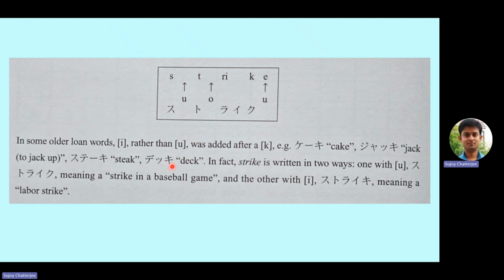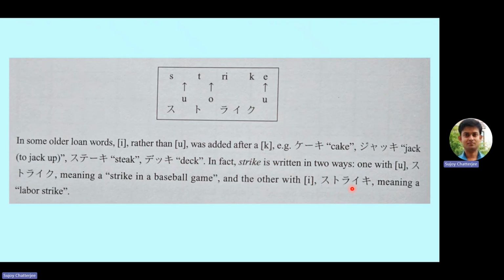In fact, strike is written in two ways. One with u, sutoraiku, meaning a strike in a baseball game, that is to hit the ball, and the other with e also, sutoraiki. See here, it's ku here, but here it is ki, sutoraiki. That means a labor strike, for example. That means it's a noun. So here this strike is a verb which means to hit something, and this strike is basically the noun which indicates a labor strike or any other strike.